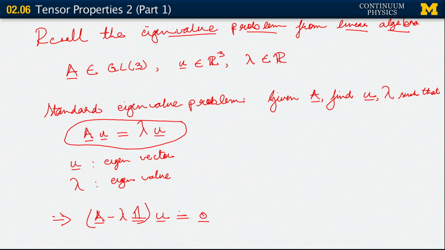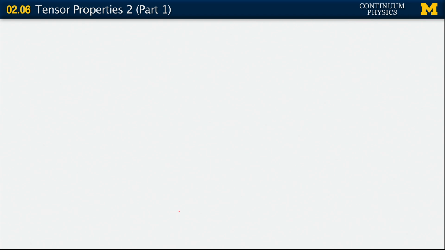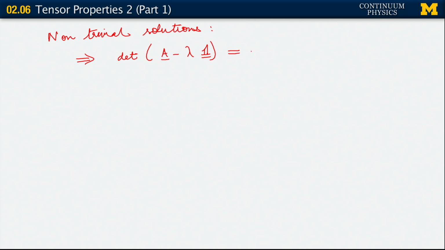Now, to find non-trivial solutions of this problem, one must have that the determinant of A minus lambda times the tensor 1 equals 0. That's the condition we apply.